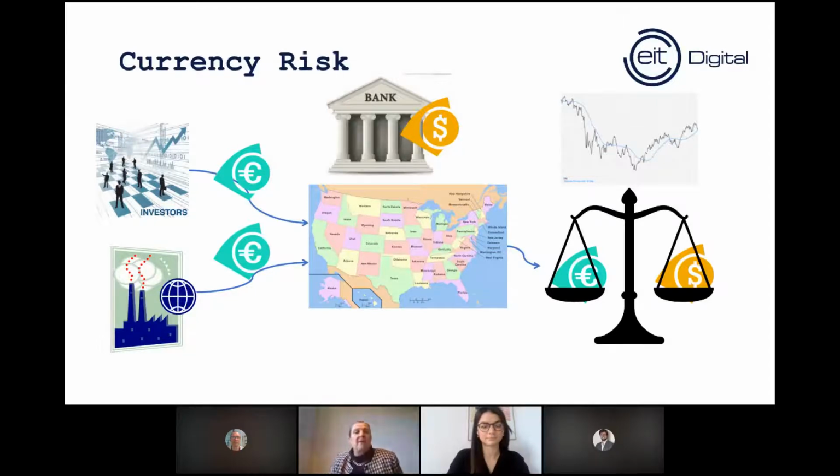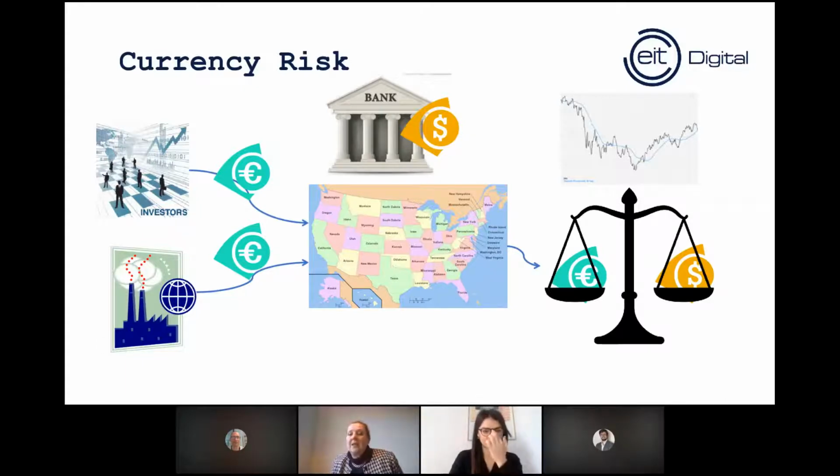So what do we mean when we talk about currency risk? Just imagine you are an investor or a company doing global business, and you have to pay a bill in US dollars.